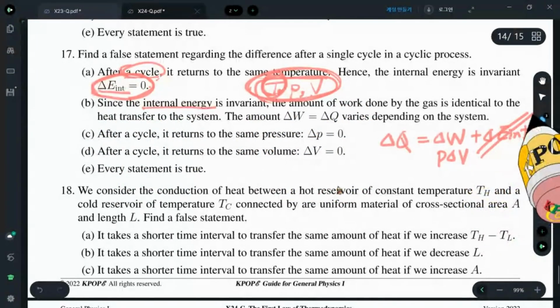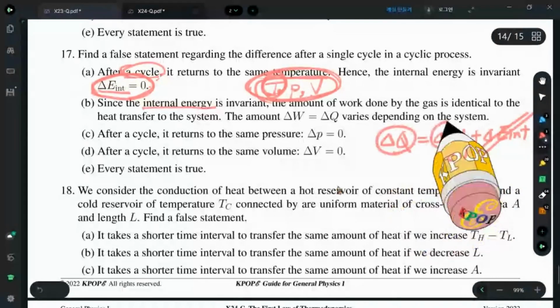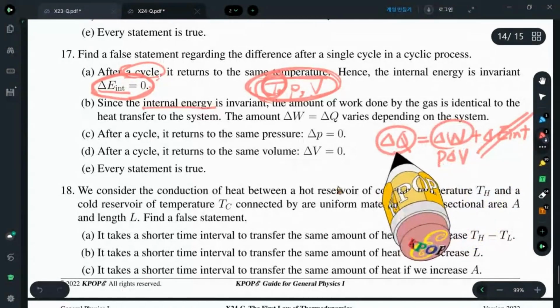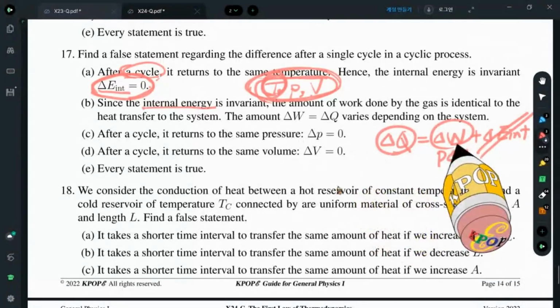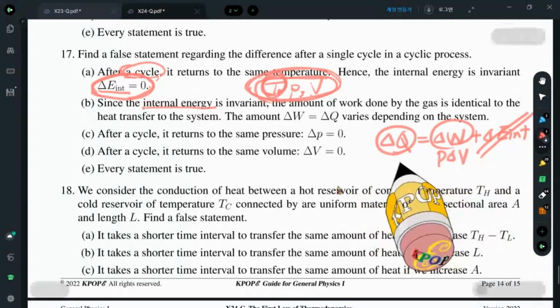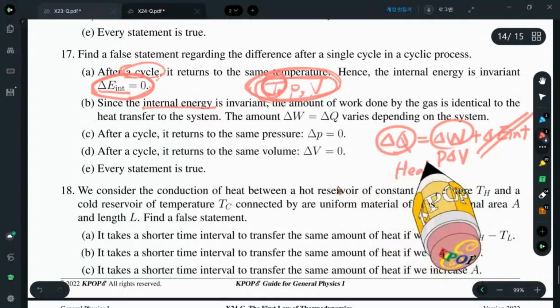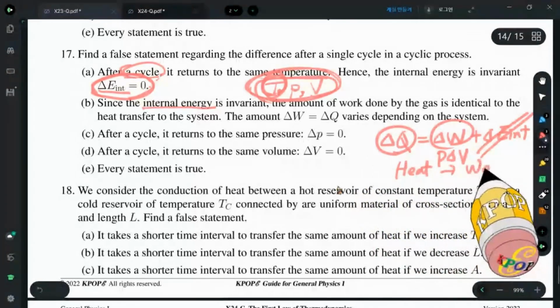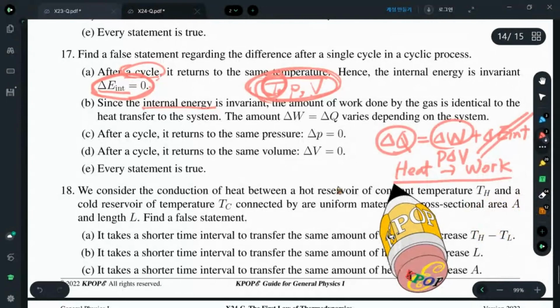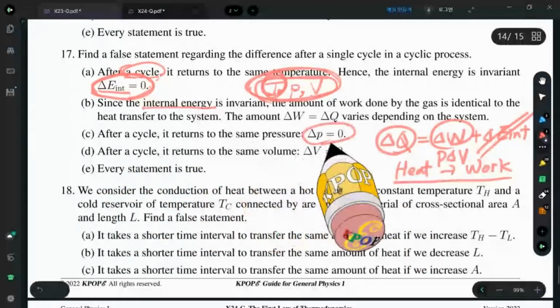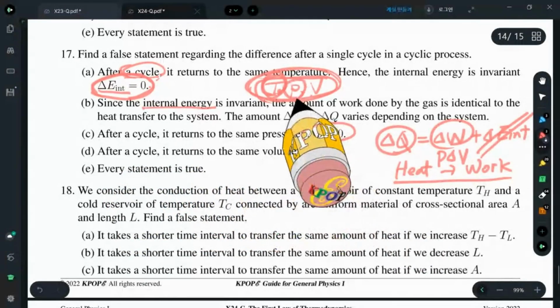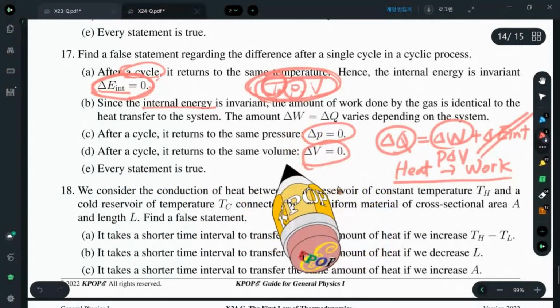This one vanishes, therefore supplied heat is completely transferred to the work. So conversion of heat to work by 100%. After a cycle, it returns to the same pressure, sure, same pressure, and same volume.